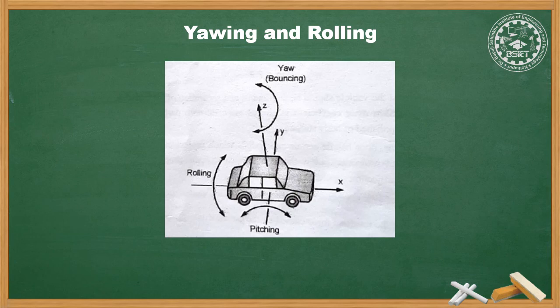And second is the rolling movement. It is the movement of the vehicle about the longitudinal axis produced due to centrifugal force acting during cornering. Rolling movement is caused during cornering. The retarding and cornering forces are applied at road level, but the center of gravity of the vehicle is at a certain height.